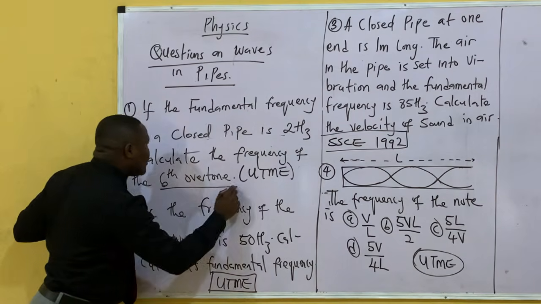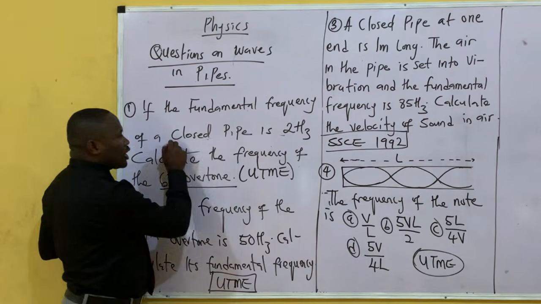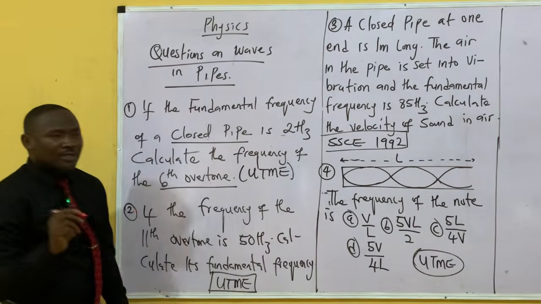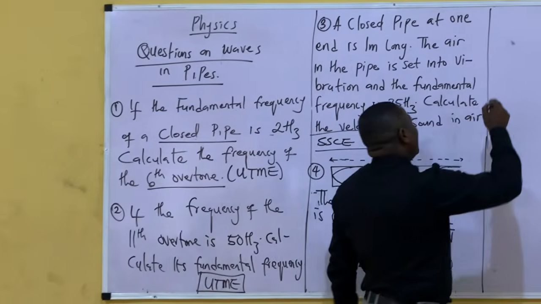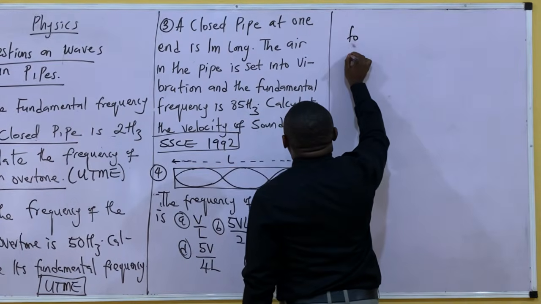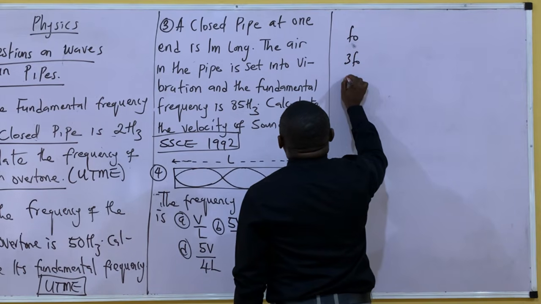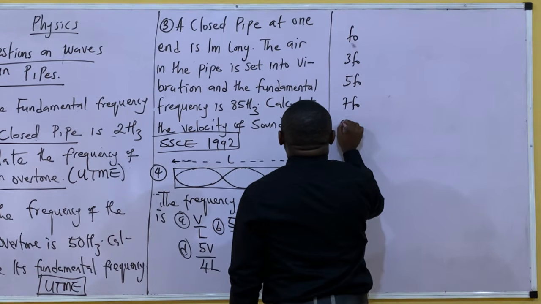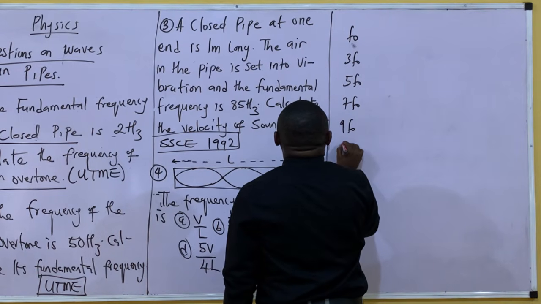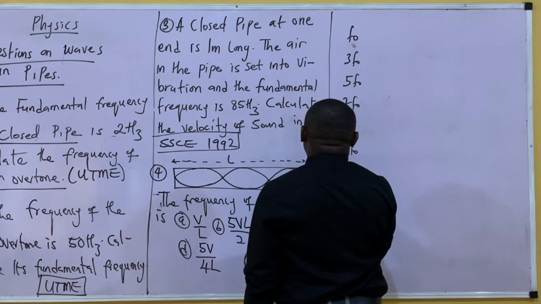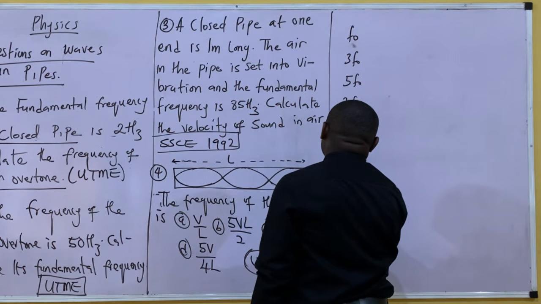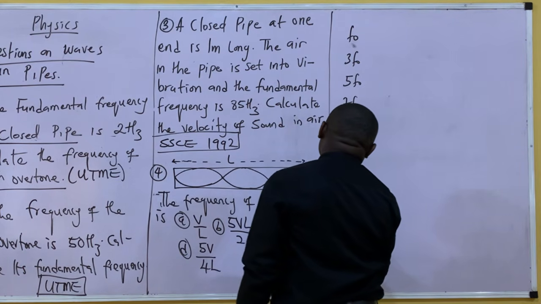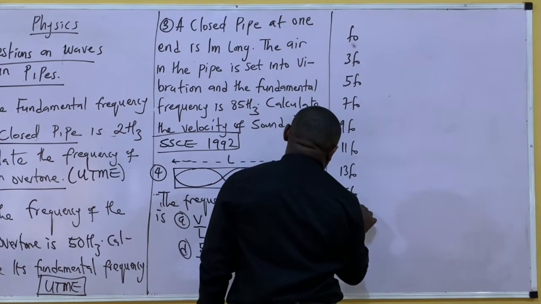The sixth overtone. Remember, we're dealing with a closed pipe, and the frequencies of a closed pipe are given as F naught, 3F naught, 5F naught, 7F naught, 9F naught, 11F naught, 13F naught, 15F naught, 17F naught.